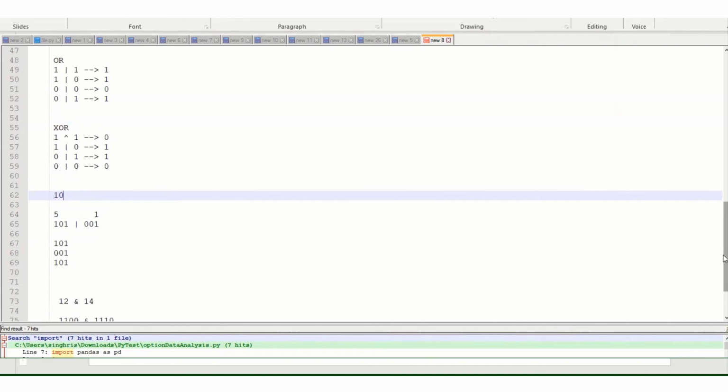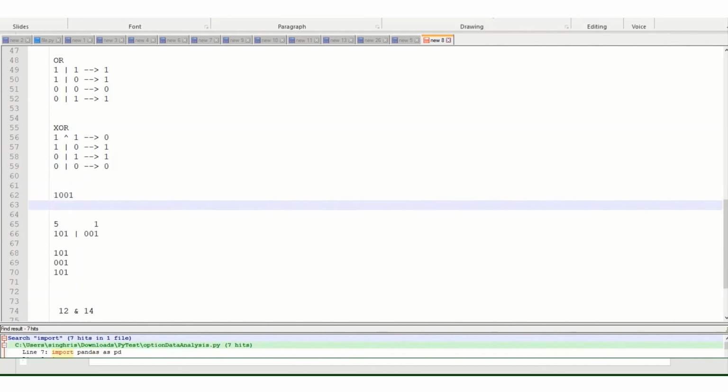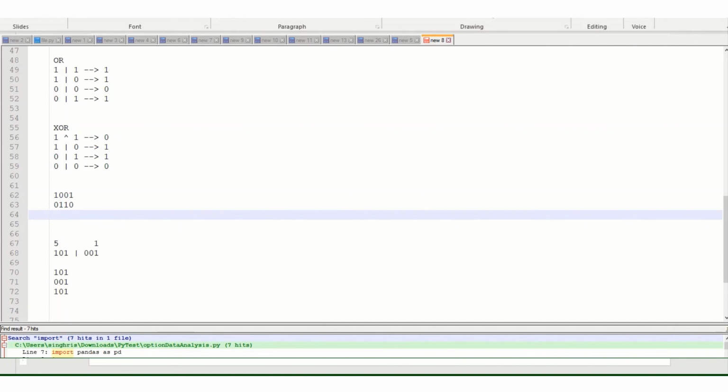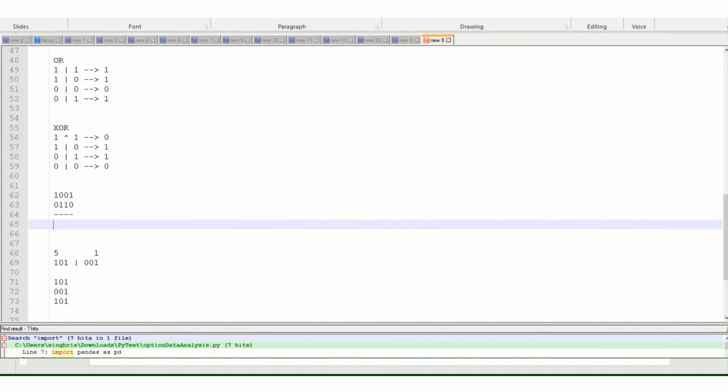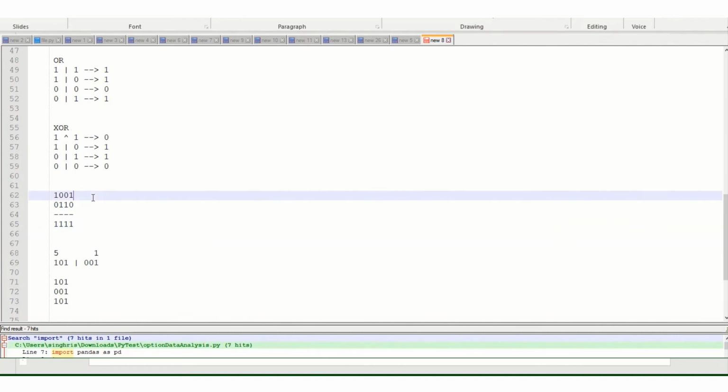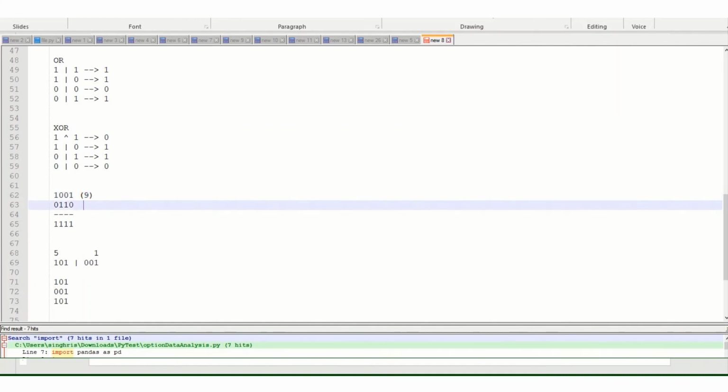Suppose the values are 1001 and 0110. What will be the XOR here? The result will be 1 because both of them are different, and again different, so it is 1, then again 1, then again 1. The decimal value for this is 9 and this is 6.